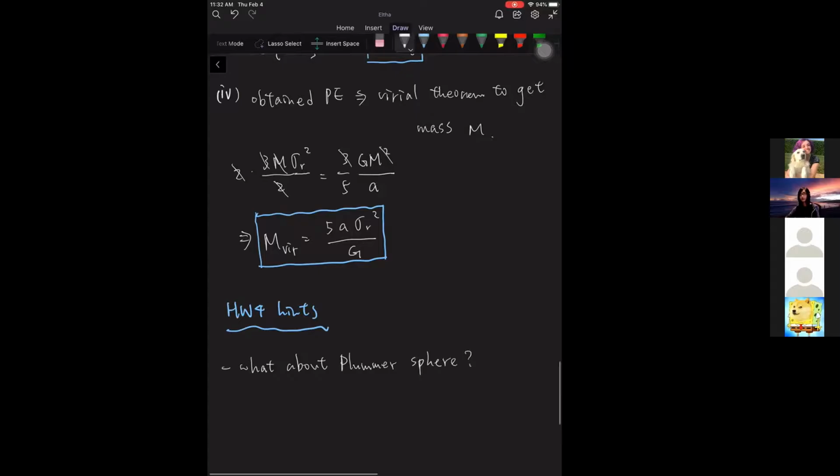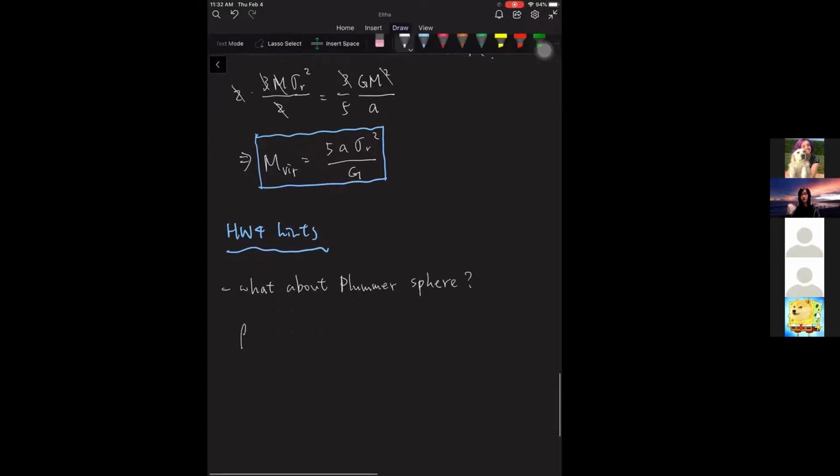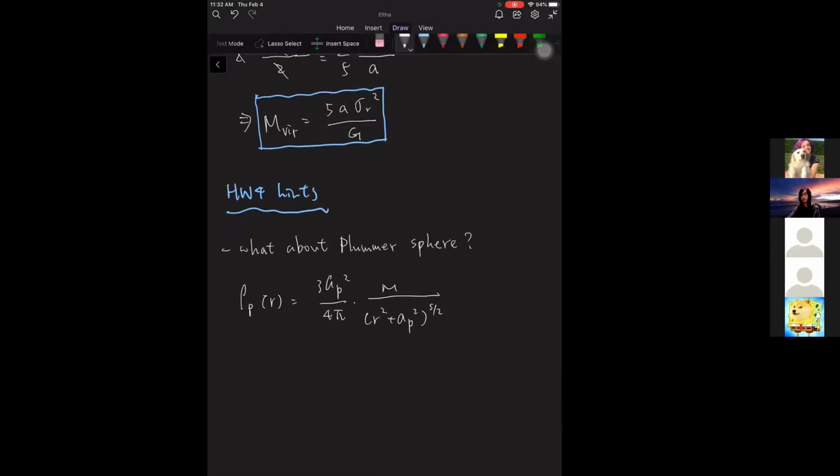For the Plummer sphere, we already saw this in the homework for last week. The density distribution is something like this times m over r squared plus a_p squared. And the gravitational potential, we also showed in the homework last week, should be negative gm.